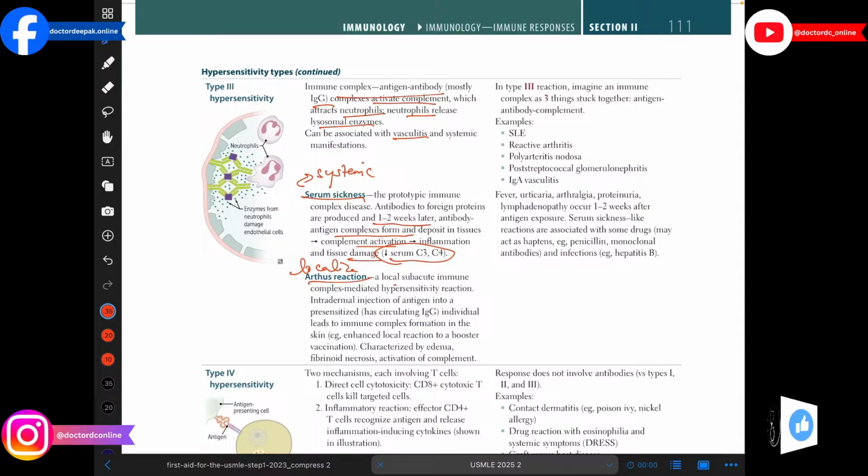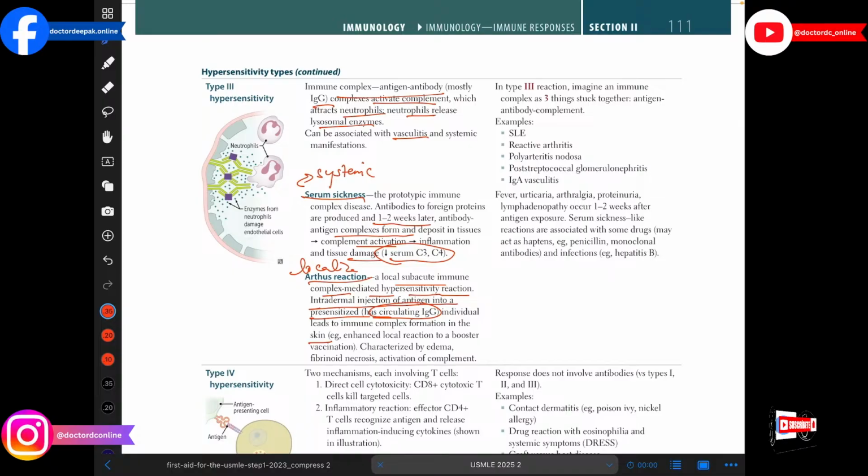The Arthus reaction is a local subacute immune complex-mediated hypersensitivity reaction. Intradermal injection of antigen into a presensitized individual with circulating IgG leads to immune complex formation in the skin, due to vaccination or skin injection like tetanus, diphtheria, hepatitis B vaccine, or insulin.